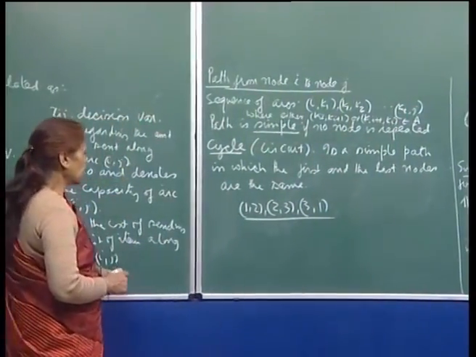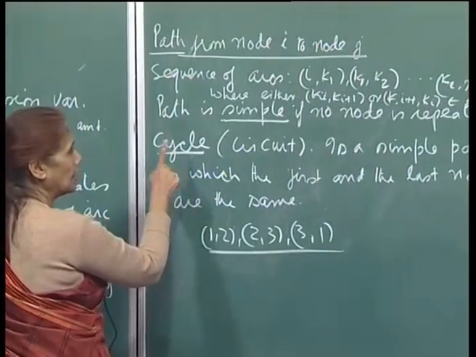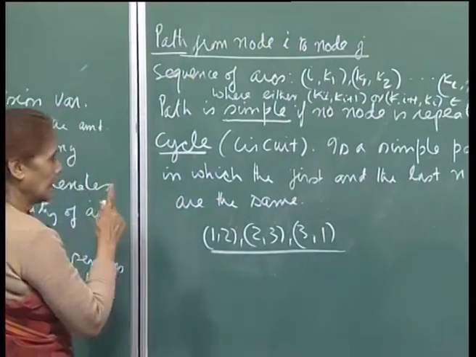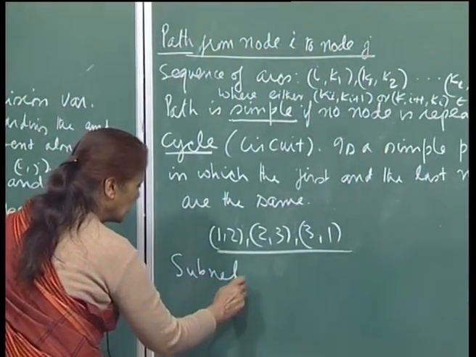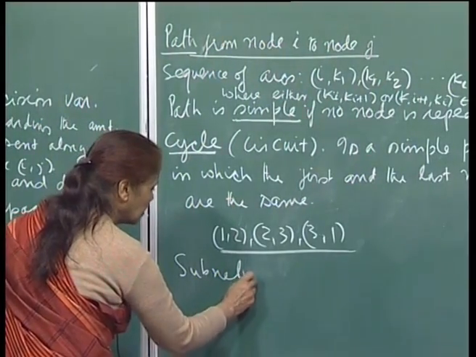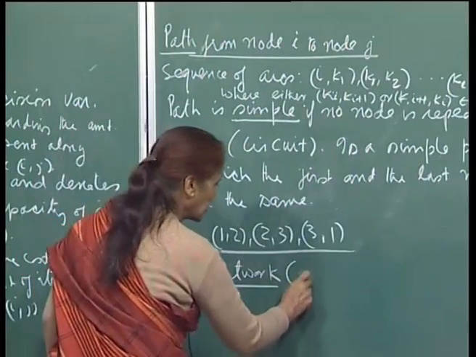This is a tree. Okay, so now you have a cycle, and you can also have a definition called a subnetwork or a subgraph.